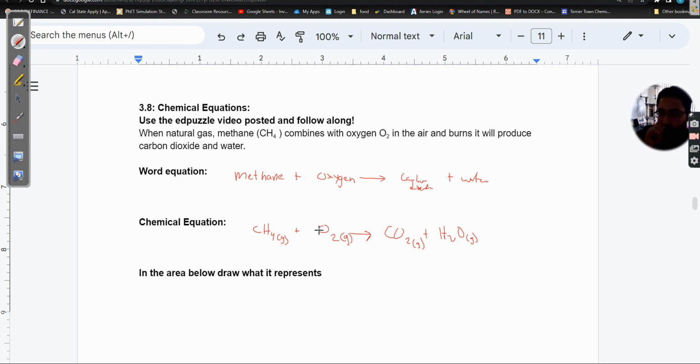Now, what does it represent? One thing you should try to familiarize yourself with is a visual representation of what things are. For example, let's say carbon is a red dot and hydrogen is a black dot.